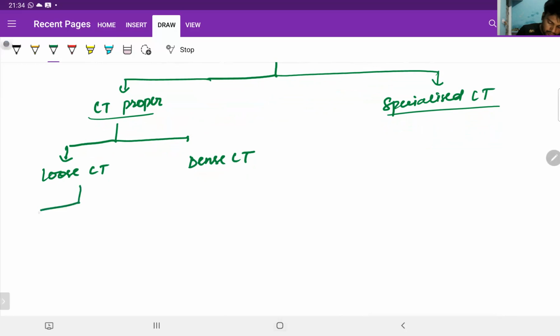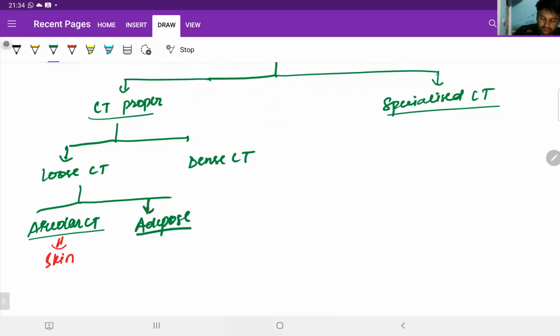So loose connective tissue can be areolar connective tissue. Areolar connective tissue, mind you, is present at the level of skin, right? Then we have this adipose connective tissue, which I mentioned just now, right? And then we have this reticular connective tissue, right?